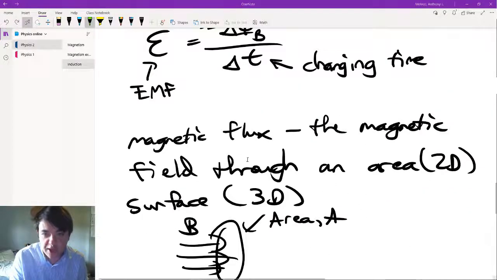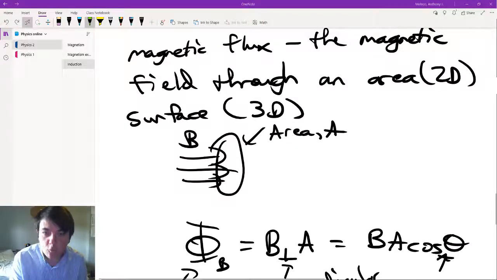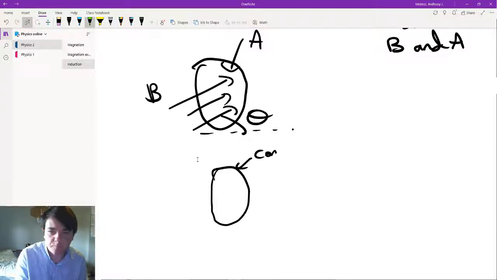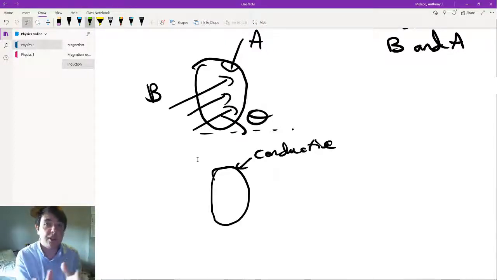So the changing flux through an area. You'll see examples where we have a magnetic ring, like a conductive ring, and we'll have a changing field through this. And we'll see the current direction will be such that it stops whatever's occurring, whether it's the ring moving through a magnetic field, or the magnetic field itself changing, like reducing in intensity, or maybe changing direction.